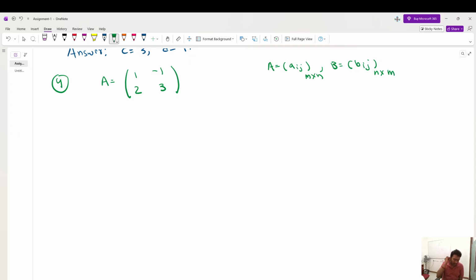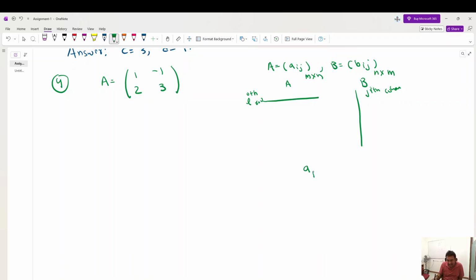What you do, guys, is take a row from A and multiply by a column from B. So for the ijth entry, you will take the ith row and the jth column.